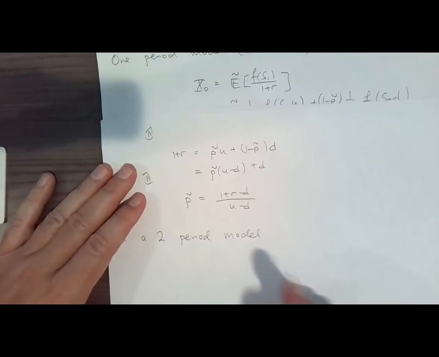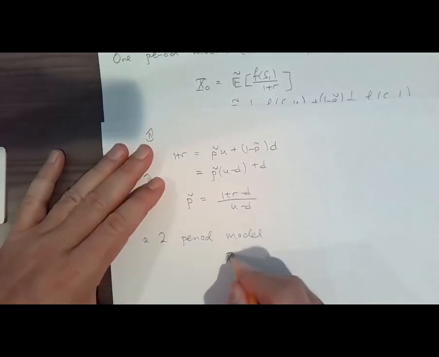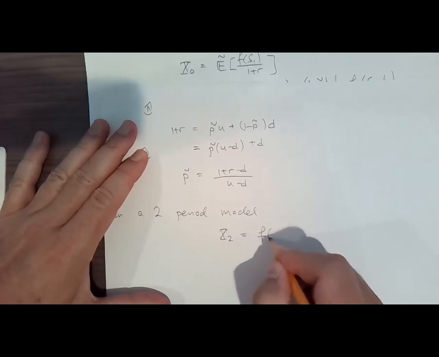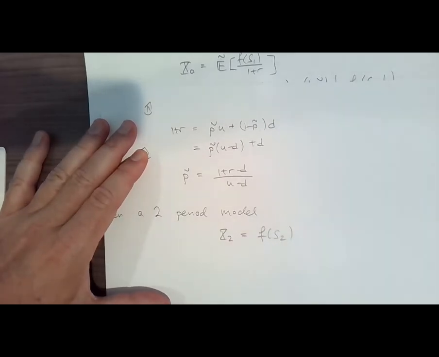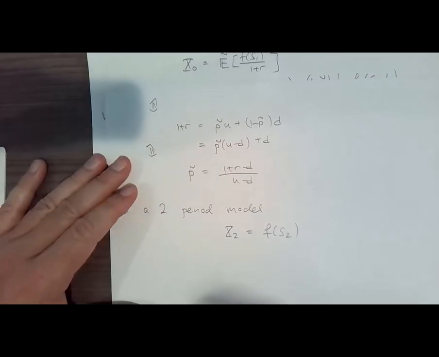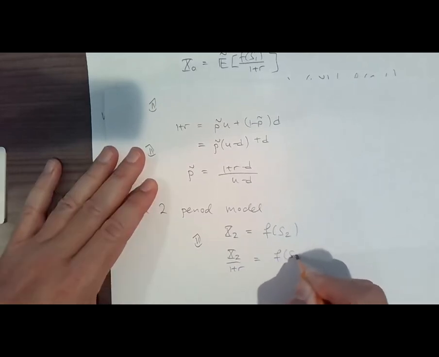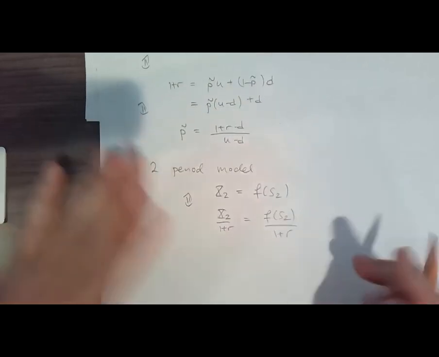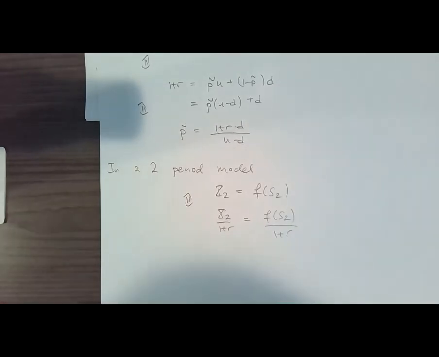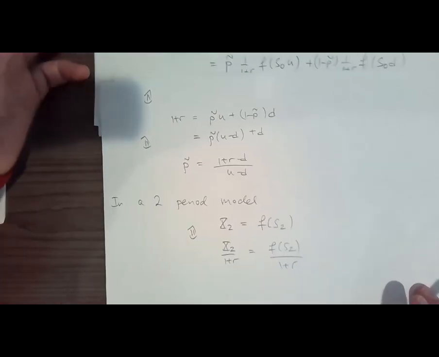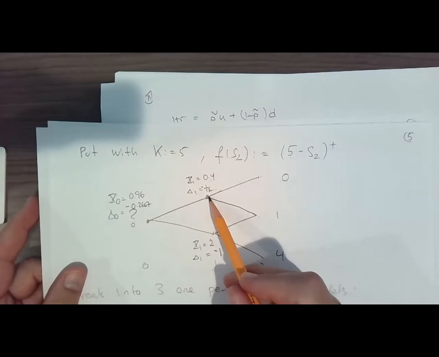Now I want X2 to be my F of S2. So I can discount, and I can say this is X2 divided by 1 plus R. No difference here, I'm just dividing by a positive number. And so how do I get my X1? How did we get that value over here?